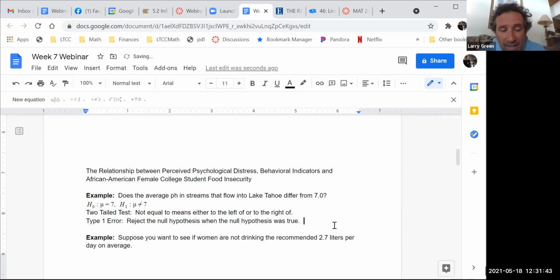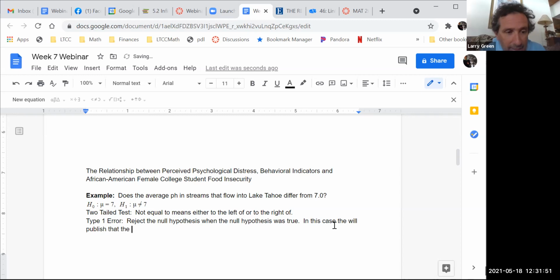Okay, so in this case, they will publish that the pH is not 7 when it really is. And I should say, I guess, the population mean pH, because remember, mu is a population mean.